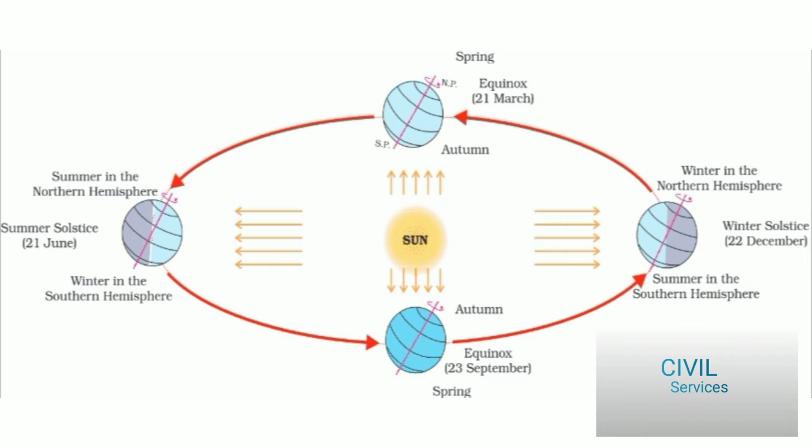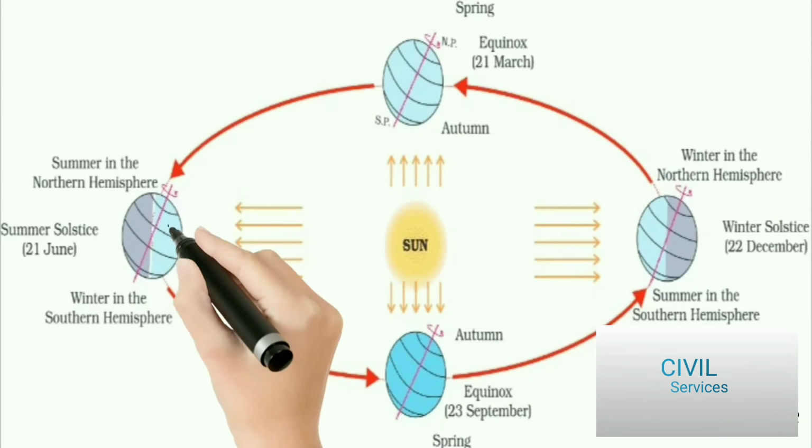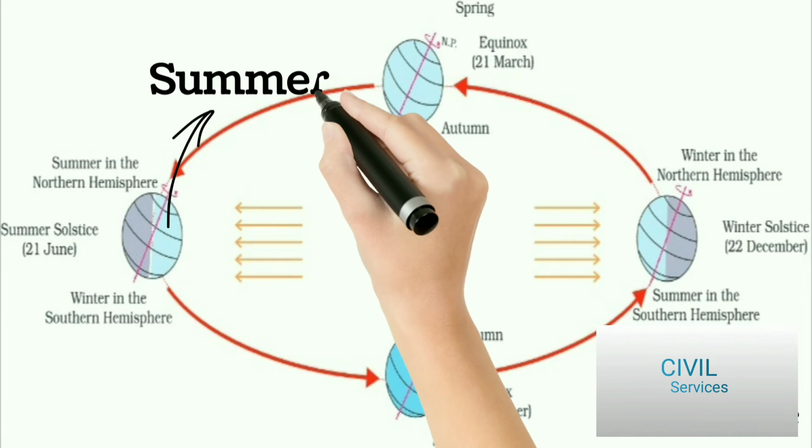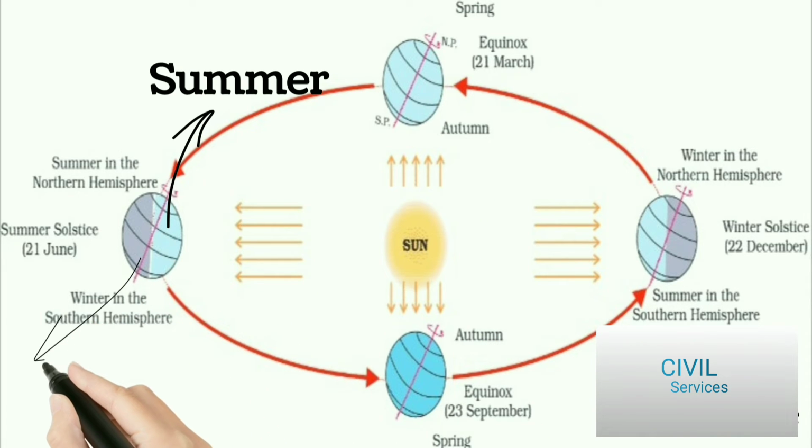Here if you carefully observe, on 21st of June, the northern hemisphere is bent towards the sun so that the sun rays fall directly on the Tropic of Cancer, where we receive more heat, and the North Pole is also receiving sun rays. This place is also experiencing heat, but compared to the Tropic of Cancer, in this place we receive moderate heat. This is considered summer in the northern hemisphere, and it is known as summer solstice.